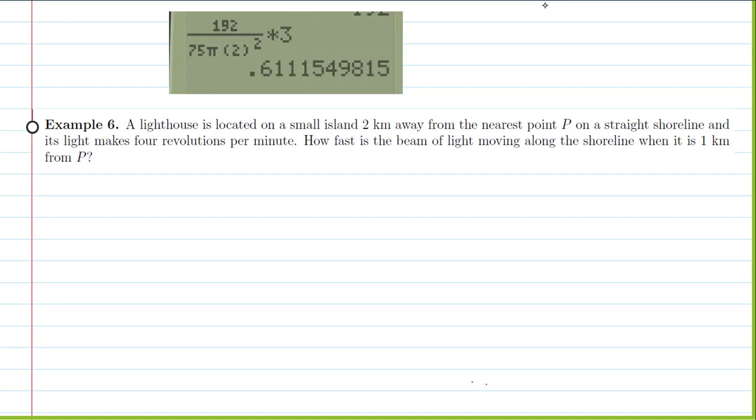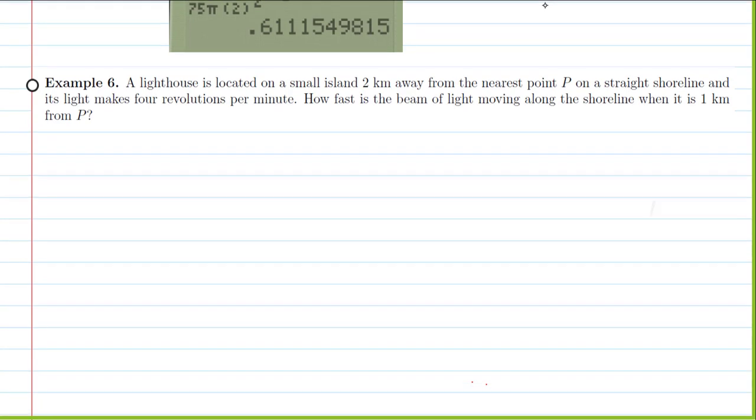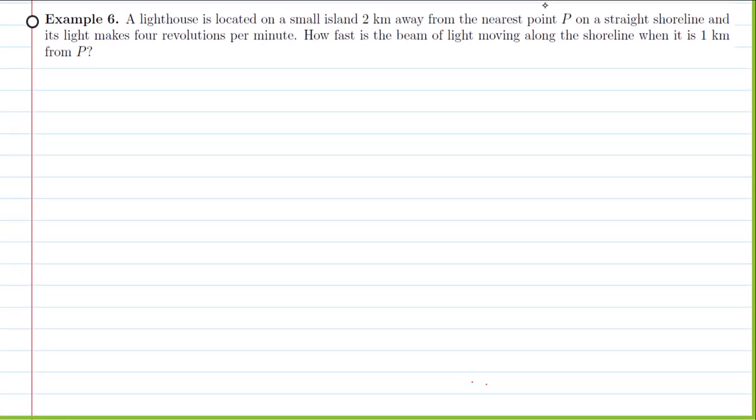How fast is the beam of light moving along the shoreline when it is 1 kilometer from P? All right, so let's draw a picture of this situation. So it says a lighthouse is located on a small island 2 kilometers away from the nearest point P on a straight shoreline.